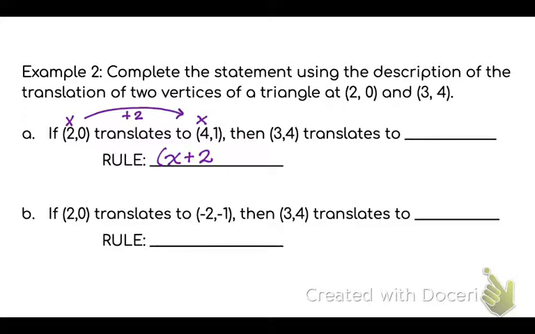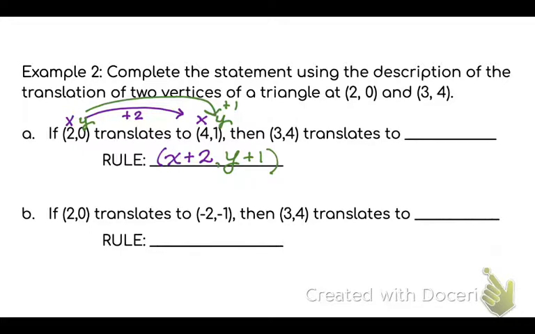We also have to do the same thing for the y value. So we would look at the y value of each of those. We are going from 0 to 1, which is a plus 1. So we're going to take our y value and add 1.